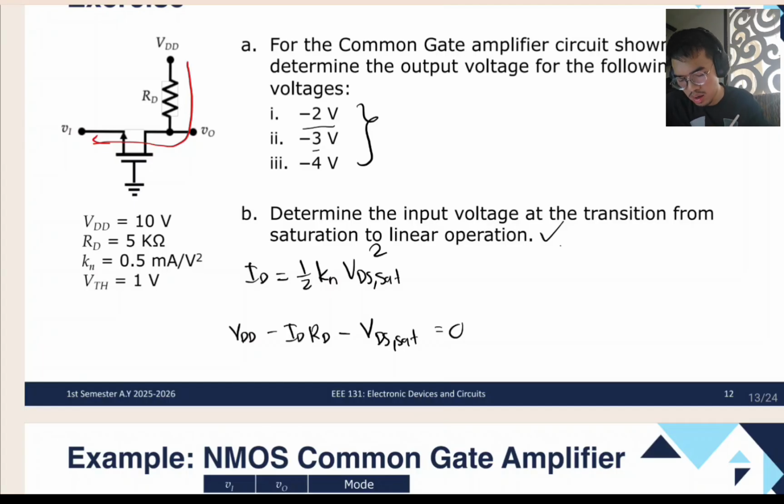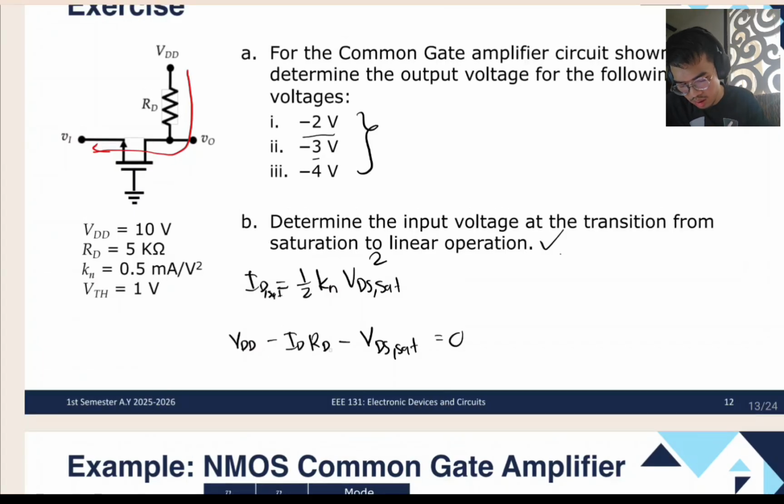So you now have two equations. For proper labeling, let's label it as ID sat. You have two equations and two unknowns, so you can solve for VDS sat. Once you solve for VDS sat, you can solve for ID sat, and lastly you can solve for VI and VO.